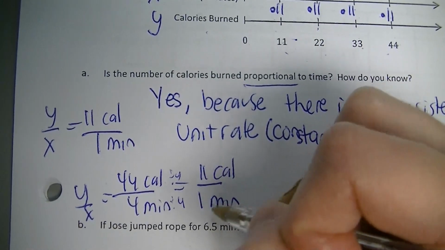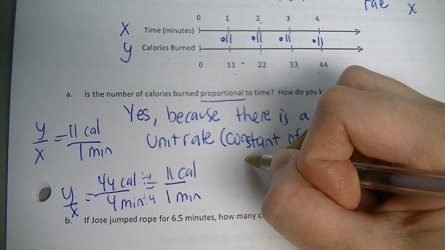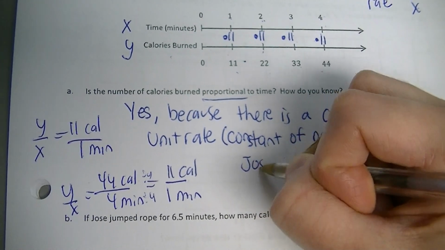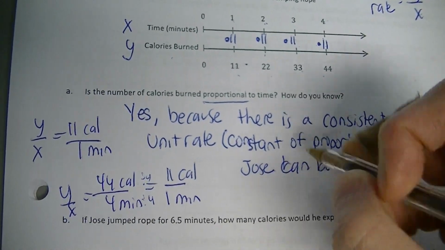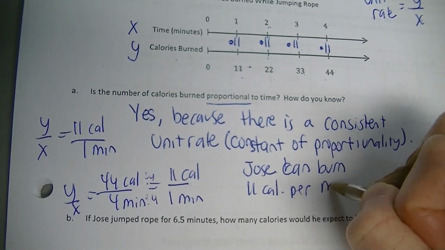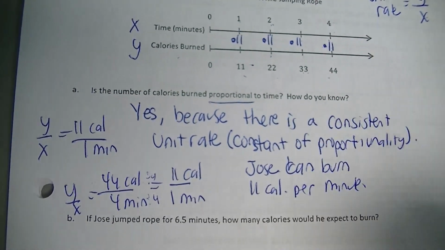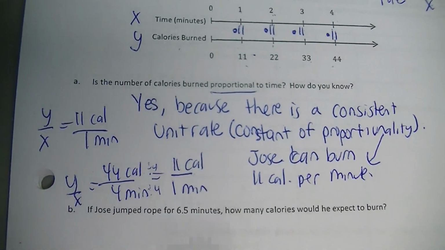And you know that's the unit rate because 1's in the denominator. So Jose can burn 11 calories per minute. Okay, that's the unit rate. Okay, constant of proportionality is that, or that.